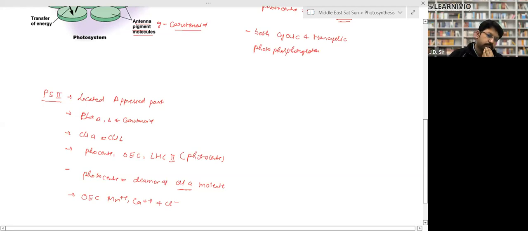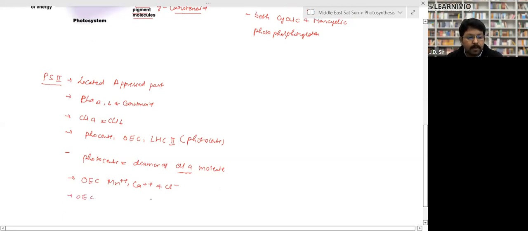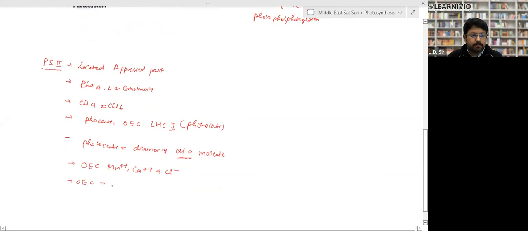The OEC picks up the electrons released during photolysis of water.